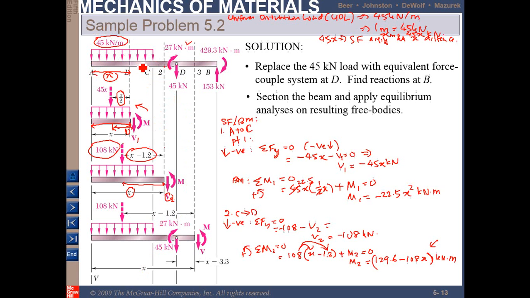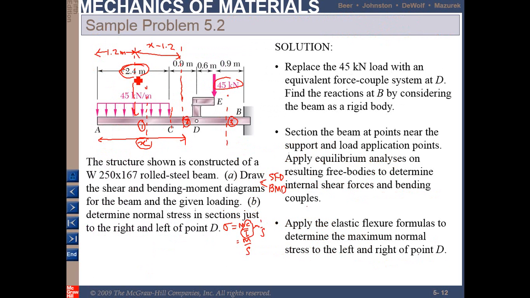So that's why you got X here. Still, it is in the middle from A to C. It is acting in the middle of this 45 kilonewton, which is here. So this is 1.2 from here to here, 1.2 meter, because from A to C is 2.4. So from A into the middle is 1.2.